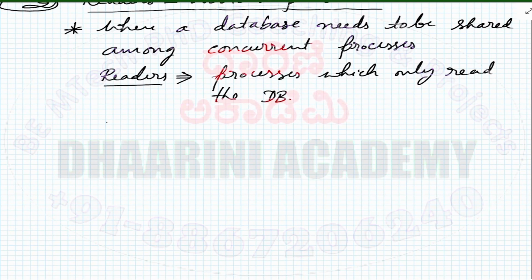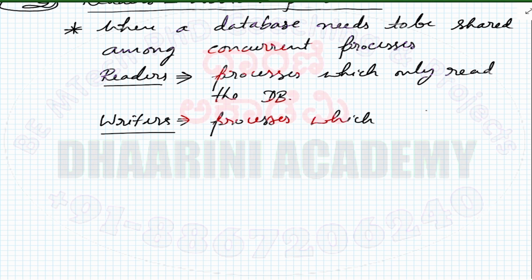And there is another type of process, it's a writer. So the writers want to read as well as write, so we call them the processes which update the database.